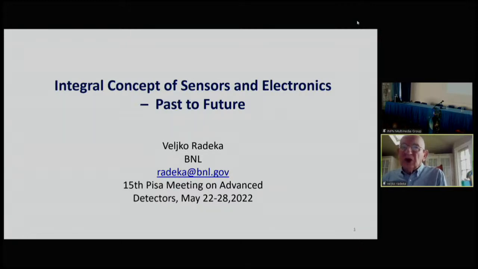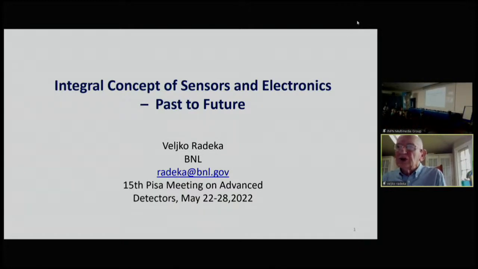About the past, we are not very much interested, and the future is difficult to predict. So what I've done here is to look at some breakthrough developments or ideas which took place a fairly long time ago, like 50, 60 years ago, which have continued to be used, developed, and are planned also for future detectors.